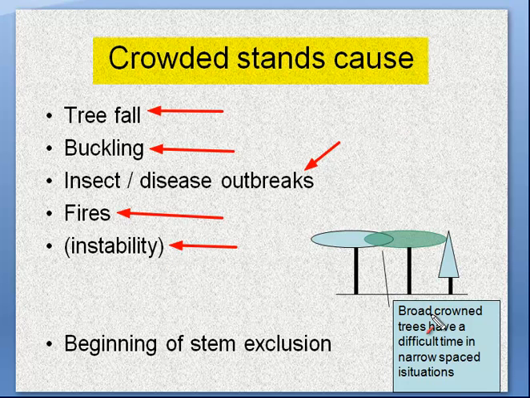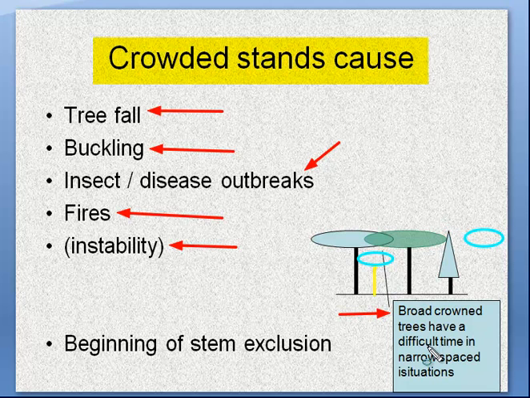An interesting thing to note is that broad-crowned trees have a difficult time in narrow situations. So if you have a whole bunch of large hard maple trees, and another little hard maple tree trying to grow underneath, finding enough space to get through is far more difficult than if it's a conifer. A conifer can find a smaller space and come straight through the canopy.